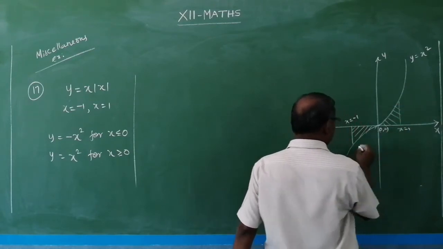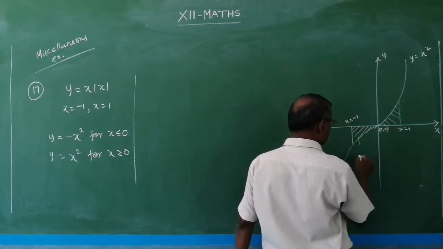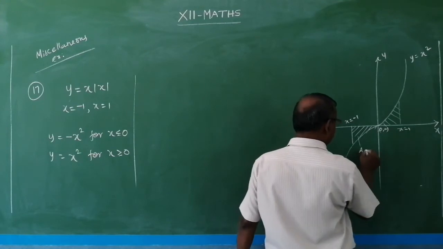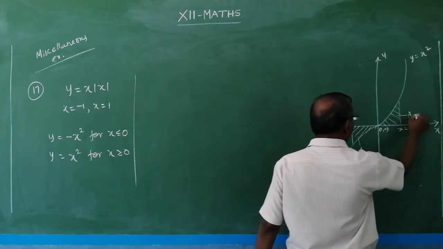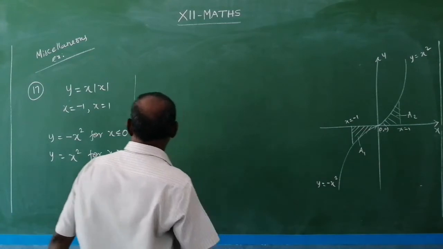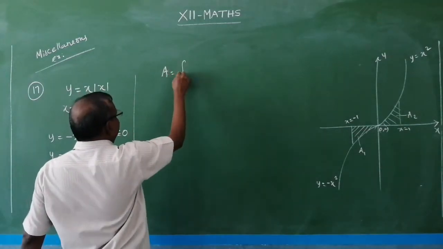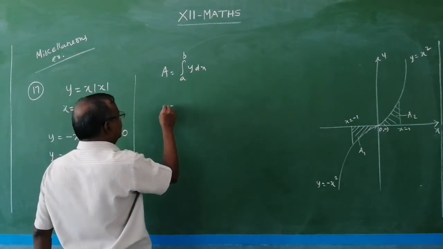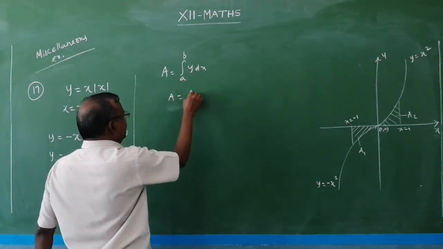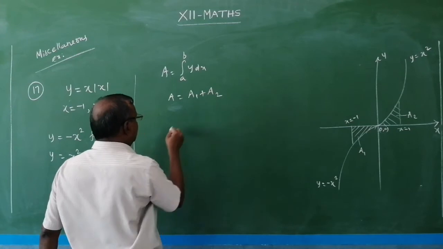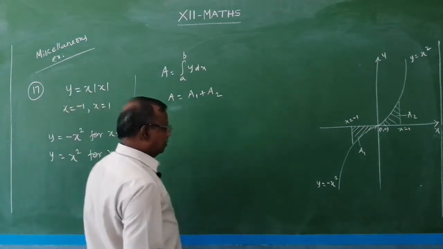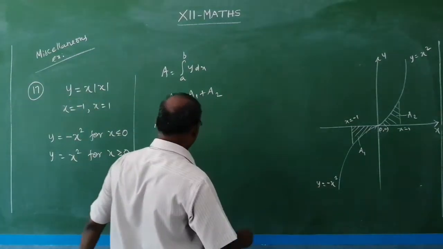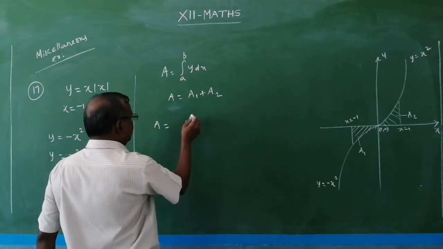So there are two regions needed to find the area. Let it be A1 and this be A2. Now A equal to integral a to b y dx, this is a formula, and here A equals A1 plus A2, whereas A1 is y equal to minus x square.